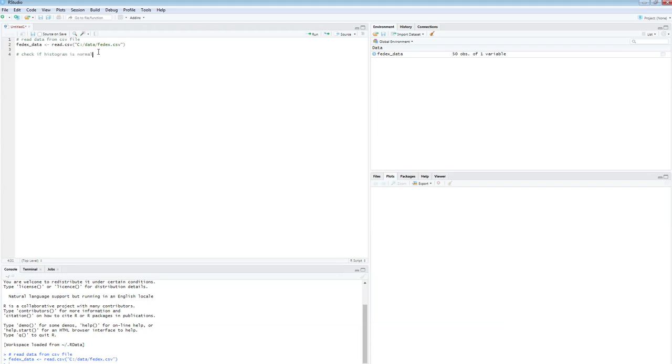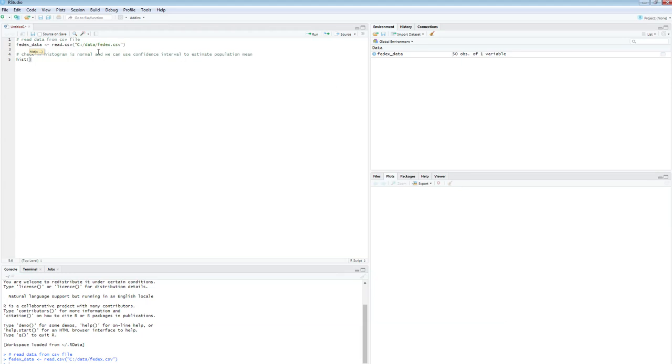is normal, and we can use confidence interval, right? Confidence interval to estimate population mean. All right. So if you remember, the way we do histograms is hist, and let's see.